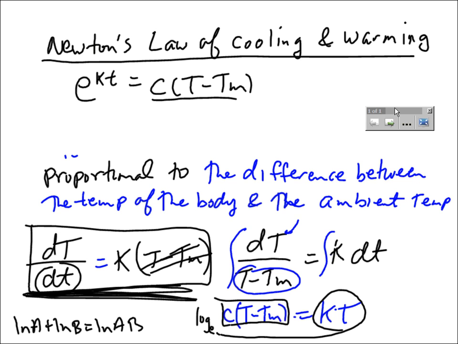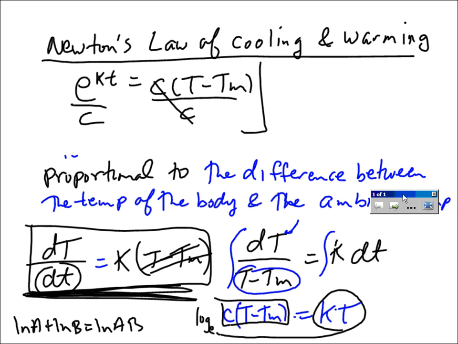I divide the left side by C, excuse me, the right side by C. But dividing by C is the same as multiplying by the reciprocal. That is, it's just a different C. So C e to the kt is T minus Tm.